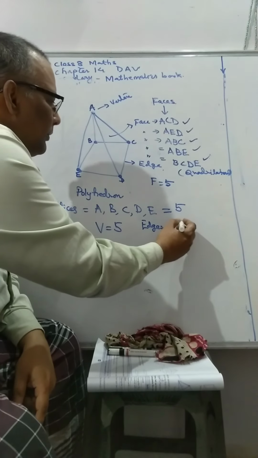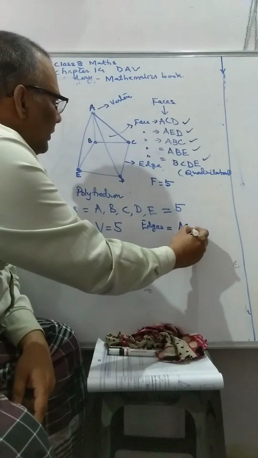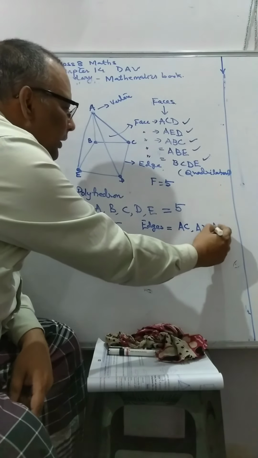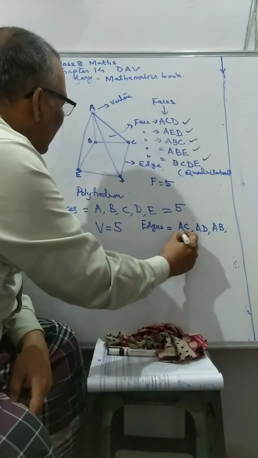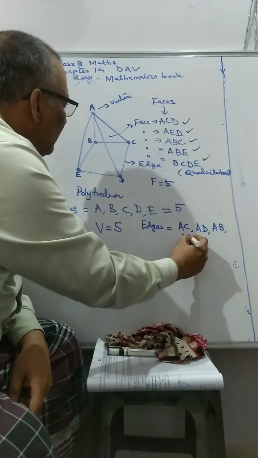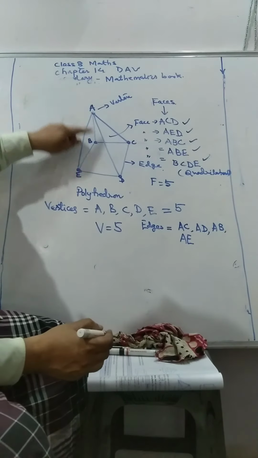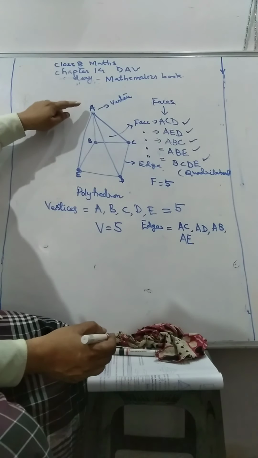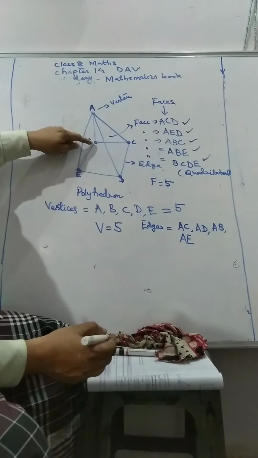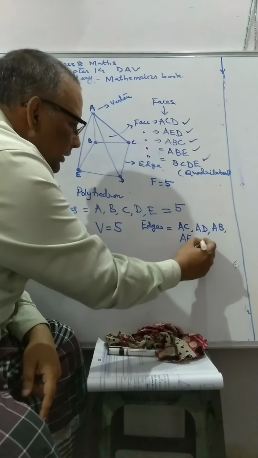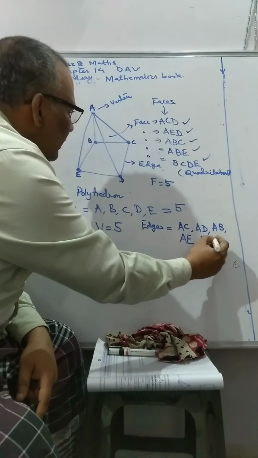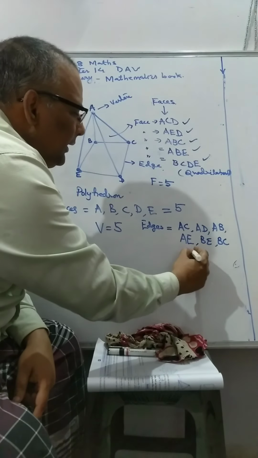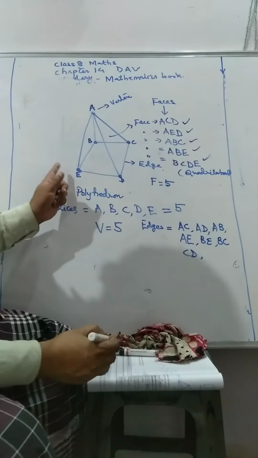So here AC, AD, AB, AE, then BE, BC, CD, and then ED also.